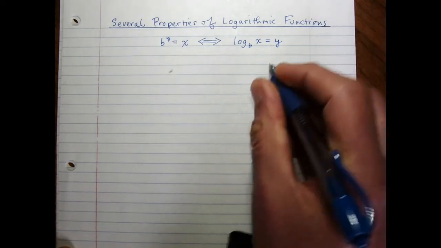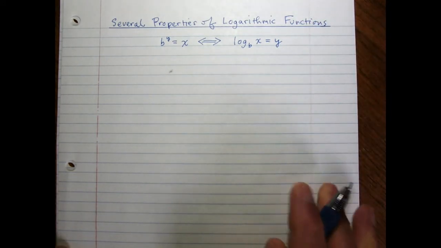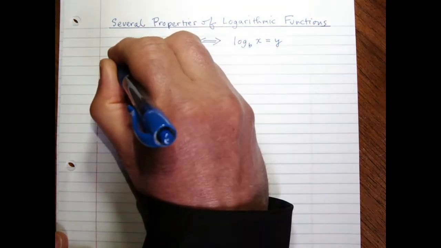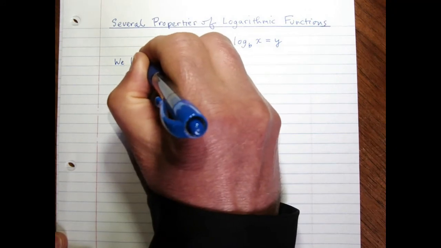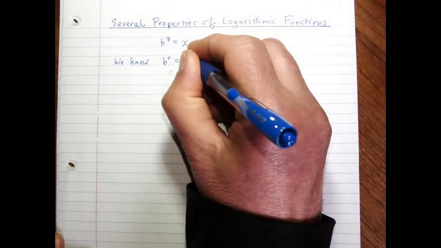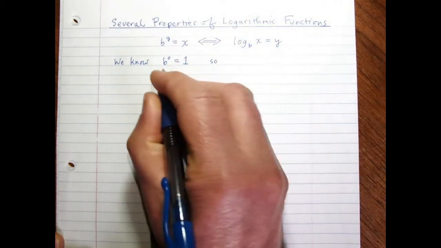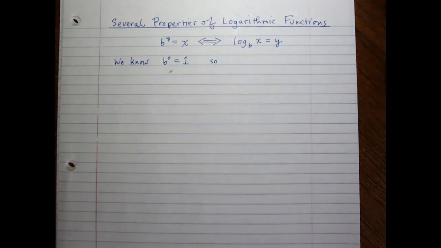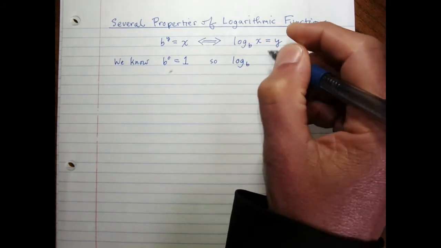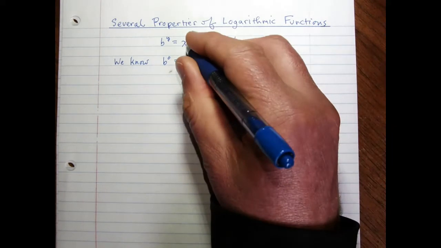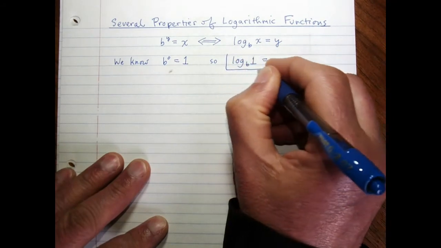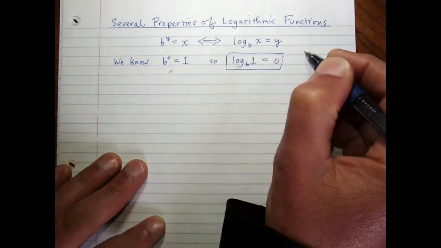The exponent goes by itself on the other side of that equation. Now, we're going to take some things we know. So for instance, we know for any base, b to the 0 power is 1. So I can rewrite b to the 0 power as an expression with logarithms. That's log base b of 1 is equal to 0. Log base b for any base of 1 is equal to 0.